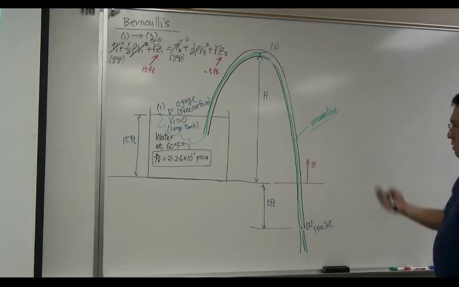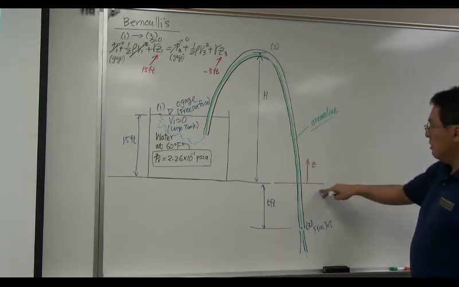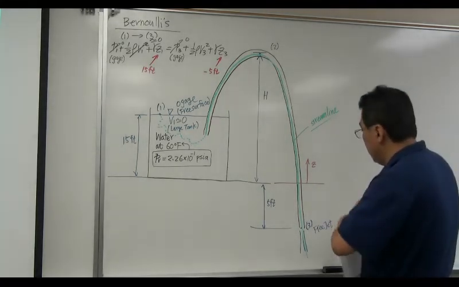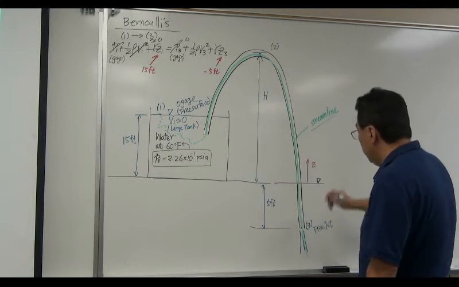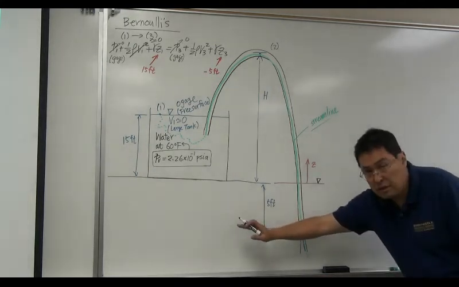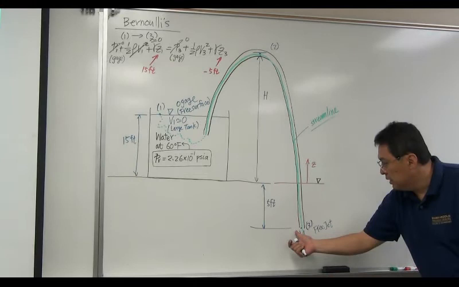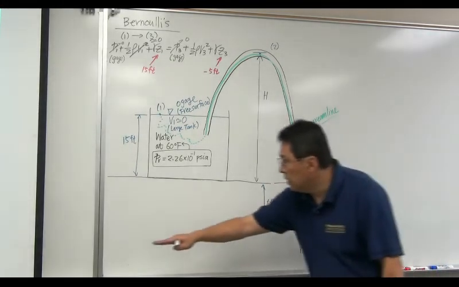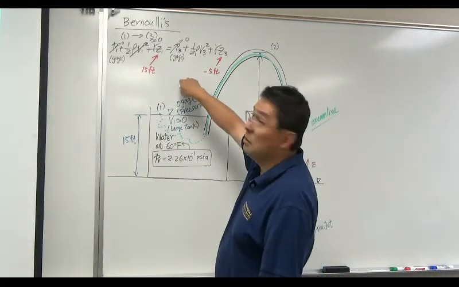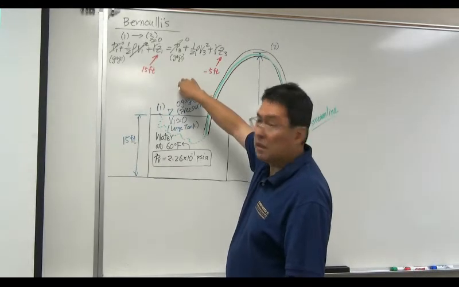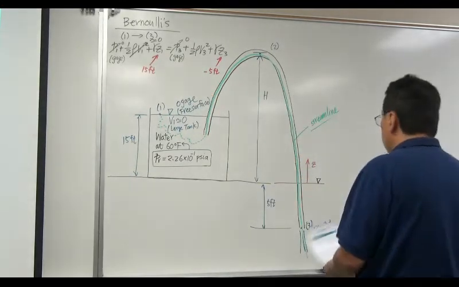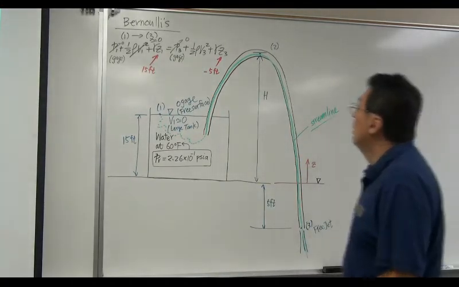Okay? Well, obviously, you can set the location of this datum or reference line anywhere. So if you measure Z from here, it's going to make Z3 equal to 0, and then Z1 is 18. It's going to be the same thing, right? Same exact equation you get. So it doesn't matter where you measure Z from.